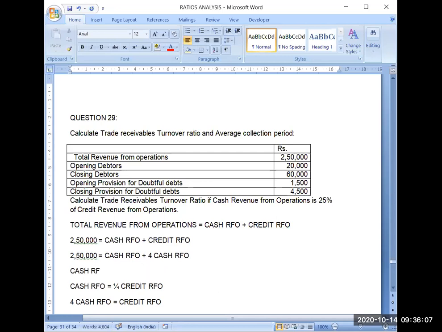Cash revenue from operations is equal to 2,50,000 divided by 5. It will become 50,000.